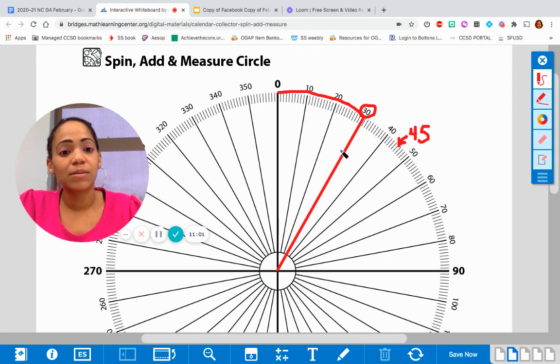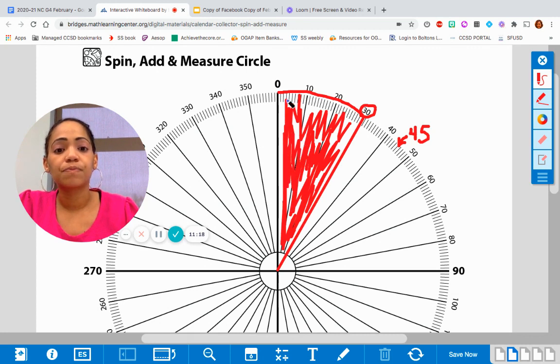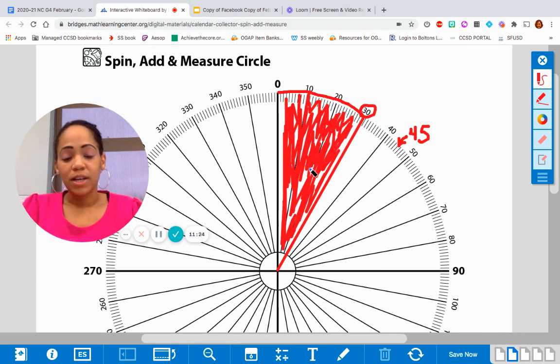I'm going to shade it in really quickly, so it's probably going to look a little crazy. So far we've collected 30 degrees, and we said 30 degrees was 1/12 of a whole circle. All right, let's just get a little more shaded, and we're good to go.